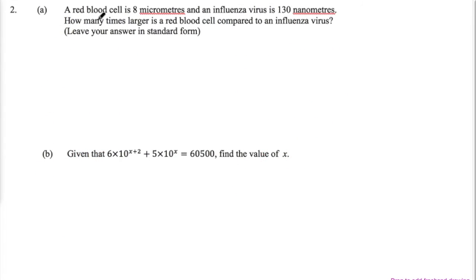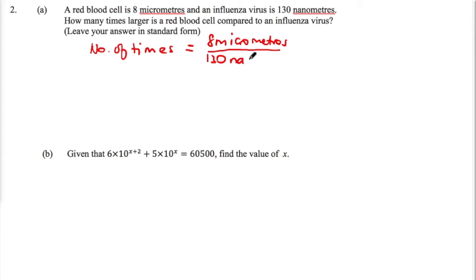In question 2a, we need to compare the size of a red blood cell to that of an influenza virus. To do that, the number of times is equal to 8 micrometers divided by 130 nanometers.